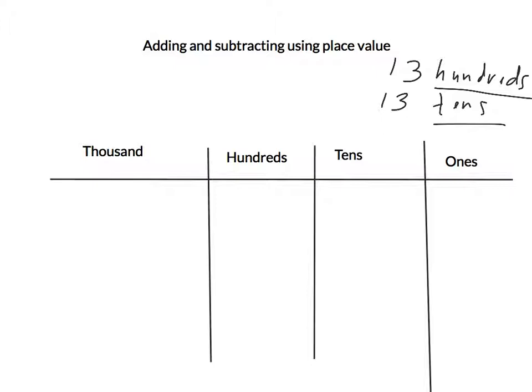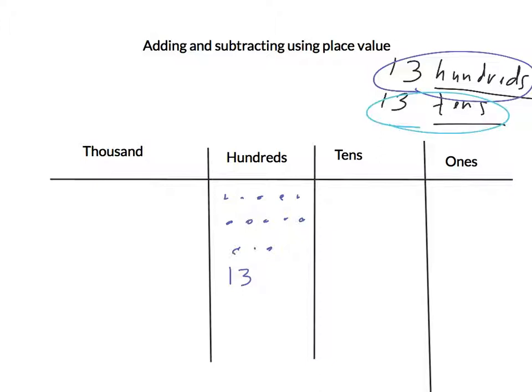If we are looking at 13 hundreds, we can record them like this. Then, to record our 13 tens, we can record them like this. Using our knowledge of place value, we can then take these tens over to get 1,000.